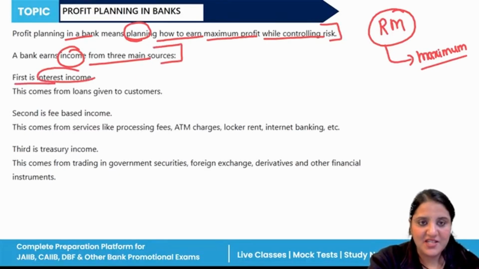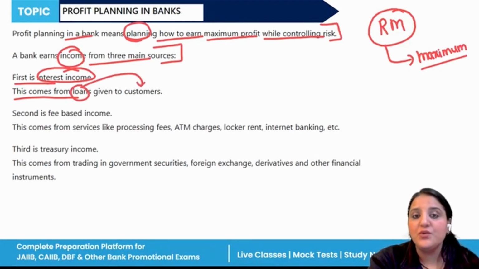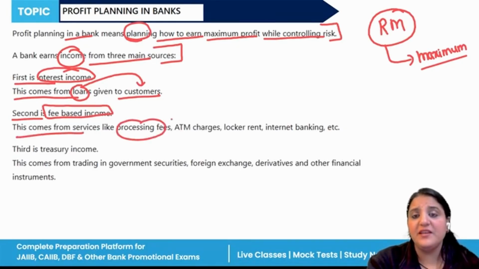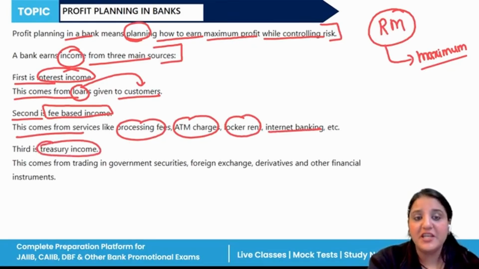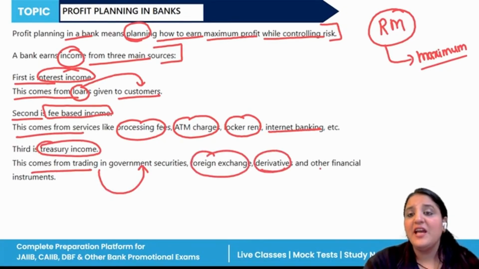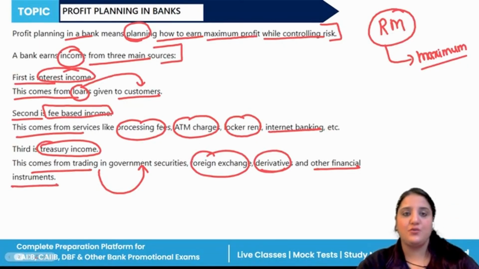First is interest income, which comes from the loans given to customers. Second is fee-based income, like processing fees, ATM charges, locker rent, internet banking. Third is treasury income, which comes from trading in government securities, foreign exchange, derivatives, and other financial instruments.